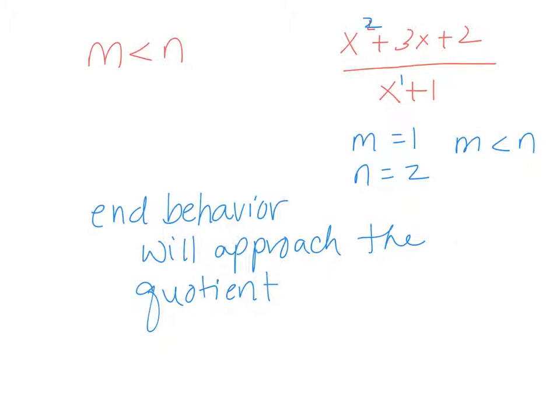Okay, so let's do a full example all the way out. We're going to try to calculate the vertical asymptotes, the horizontal asymptotes, and all the zeros, and then get a reasonable graph. Okay, so f of x is equal to x minus 3 over x plus 2.